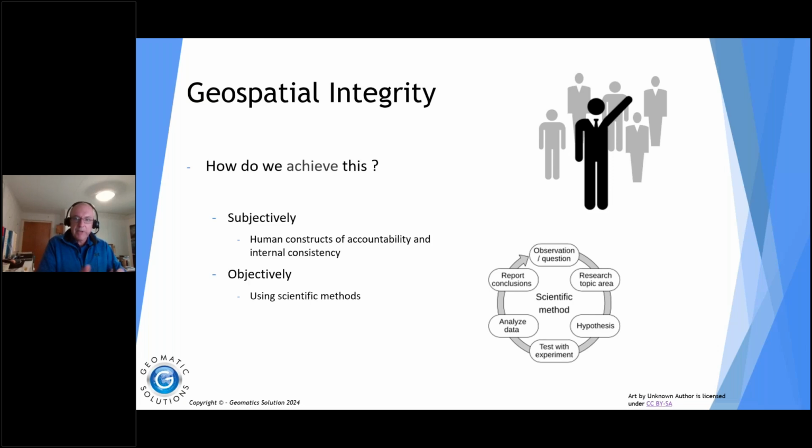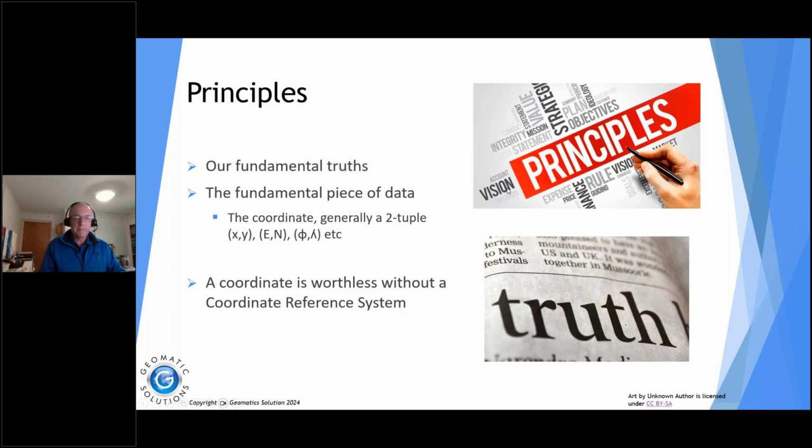So if we now come back to what we called our principles, or our fundamental truths, what we have in the geospatial domain is a piece of data which is generally a coordinate. Here I'm putting up the X's and Y's and the eastings and northings, or the latitudes and longitudes, as a two-tuple, or we call it a tuple.